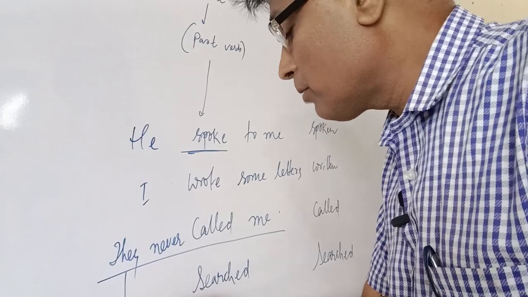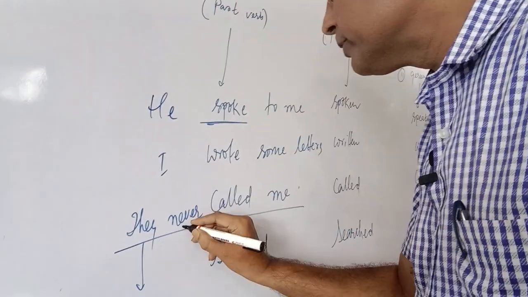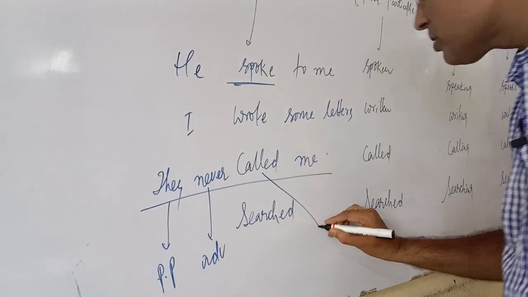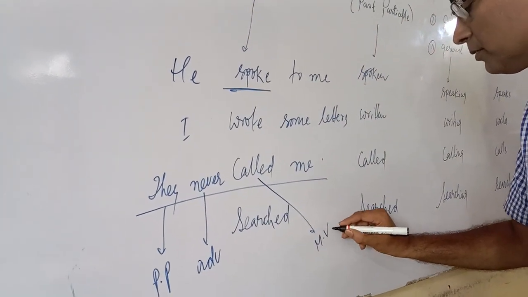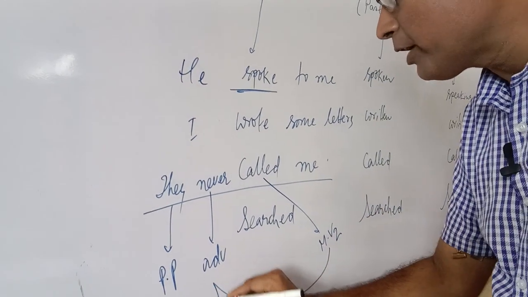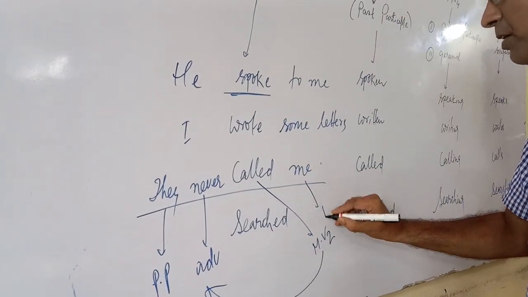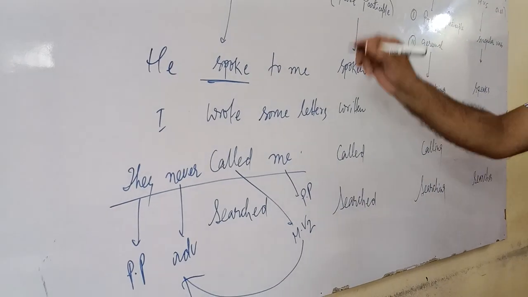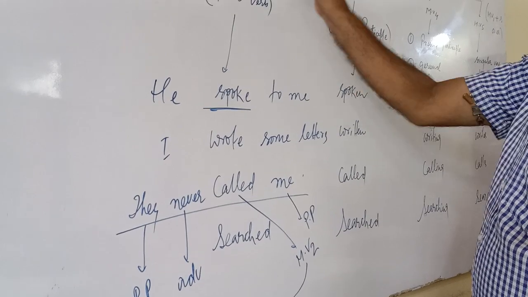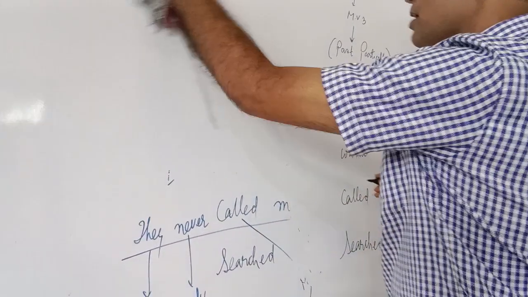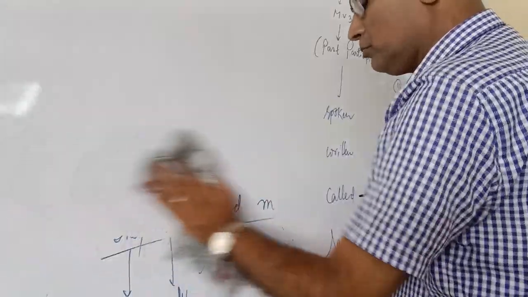Here, they is a personal pronoun, never is an adverb, and called is the main verb, main verb 2. It modifies the adverb never, and me is a personal pronoun in objective form. So in the past form, you use the V2 form. Now, let us learn the V3 form or V4 form.